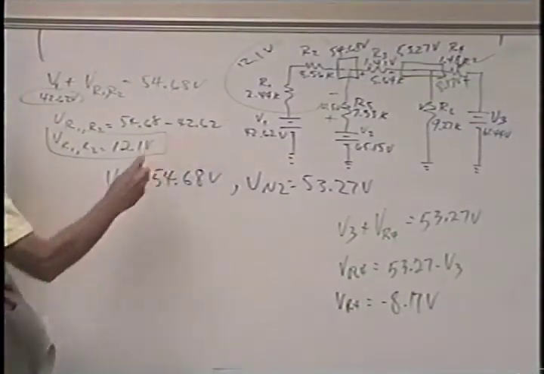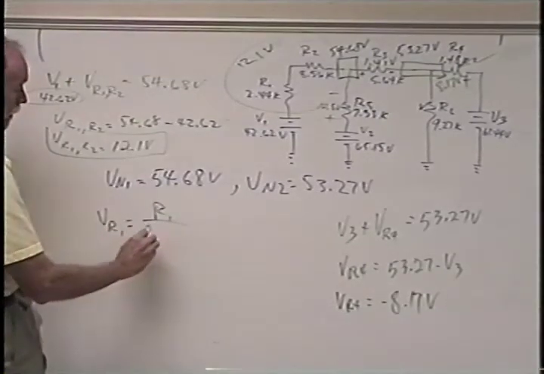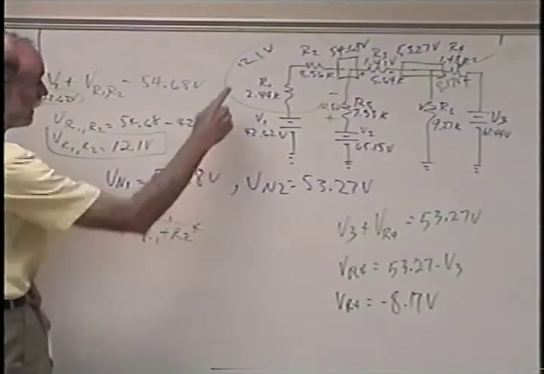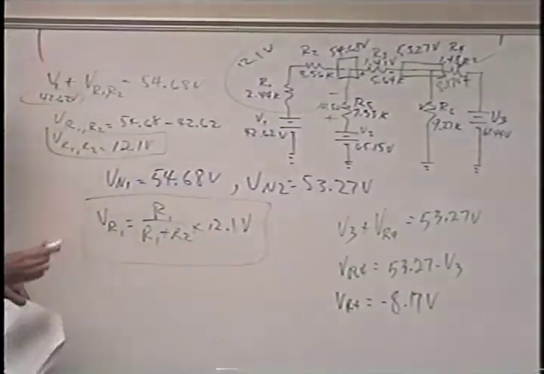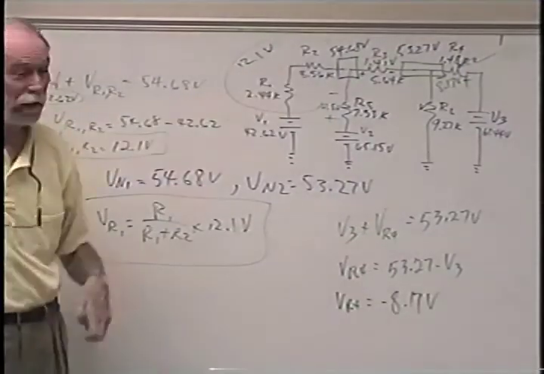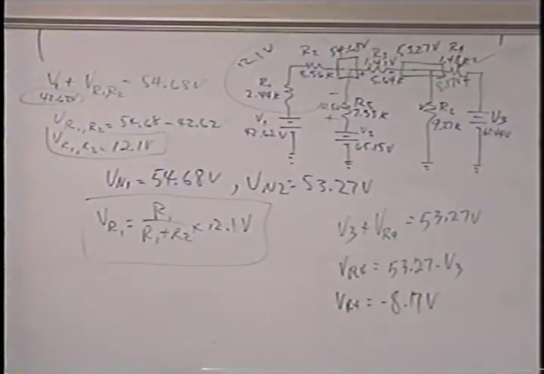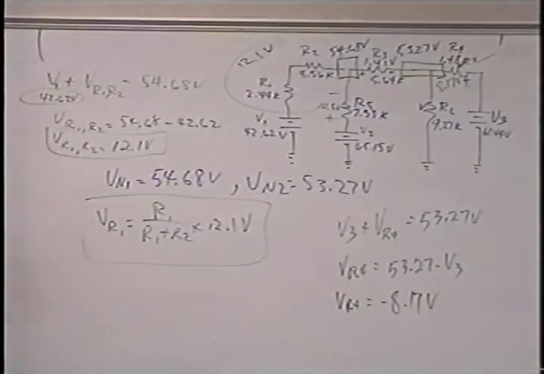I could say the voltage across R1 is R1 divided by R1 plus R2 times the 12.1 volts. That's that old voltage divider rule coming up again. And I could take this value and subtract from the 12.1, and what's left has to be across R2. So there's any number of ways that you can approach finding those last two values across R1 and R2.